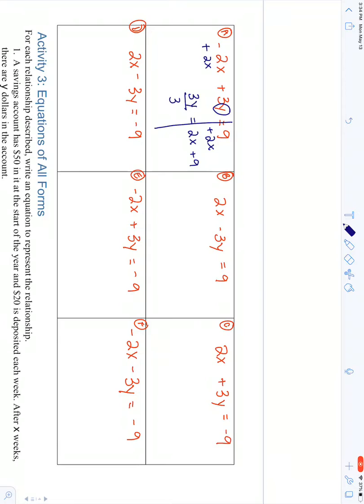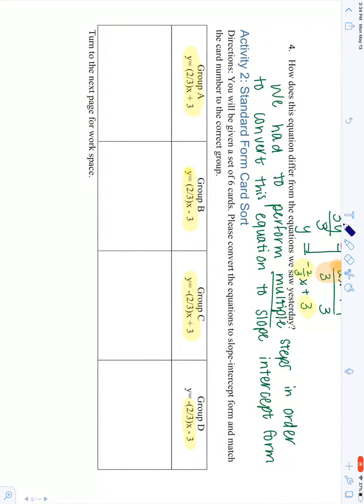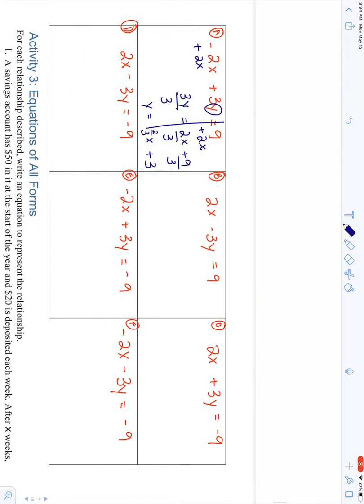I'm going to divide everything by 3. And I'm left with y equals 2/3 x plus 3. Okay, so it looks like I have a positive slope and a positive y-intercept. So if I look up here, the one that has a positive slope and a positive y-intercept is group A. So card A is going to go with group A.